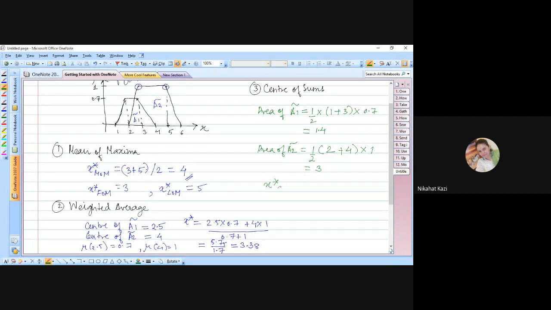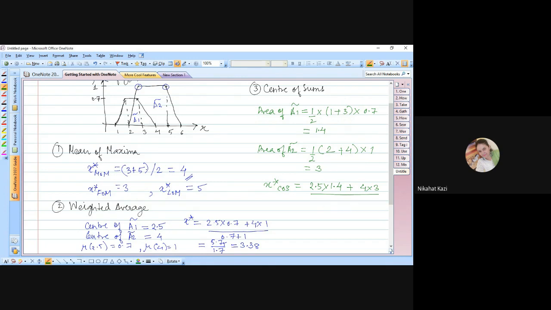Okay. So what is the defuzzified value? X star center of sums is equal to 2.5 multiplied by A1's area, that is 1.4, plus 4 multiplied by A2's area, that is 3, divided by the sum of the areas.